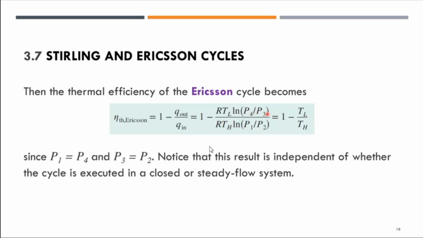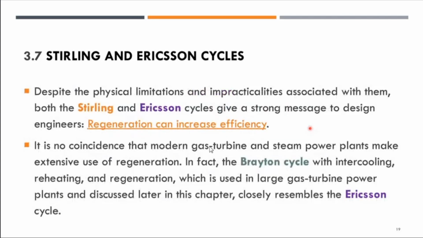P3 equals P4 and P1 equals P2. That's why we can just cancel it out, all right, and then get the TL over TH, right? So that's how we prove that the Ericsson thermal efficiency is equal to 1 minus TL over TH, similar to the Stirling cycle as well as the Carnot cycle.